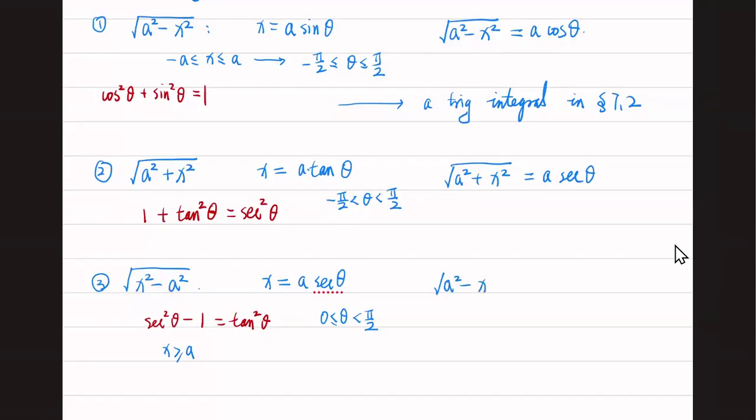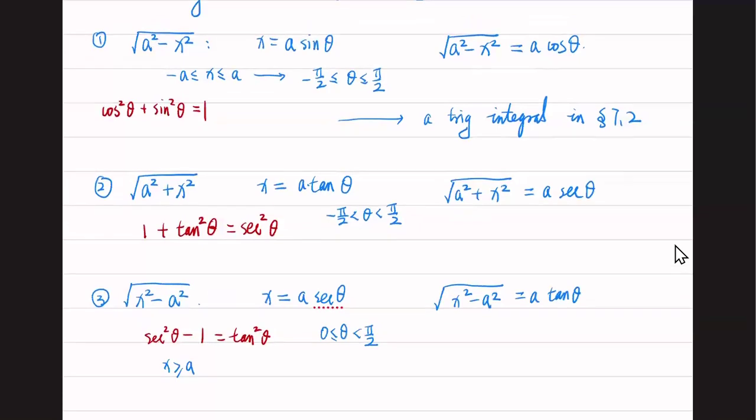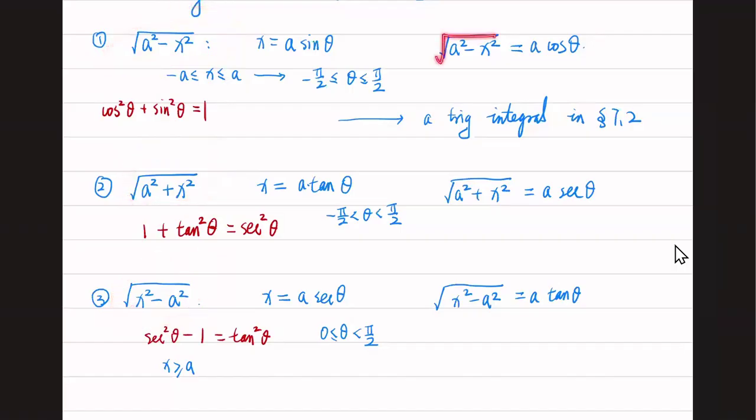Oops, wrong direction. Okay, so with this substitution, the only purpose is to get rid of the square root. Whenever we can get rid of the square root, we consider this a win for the integral. Okay.